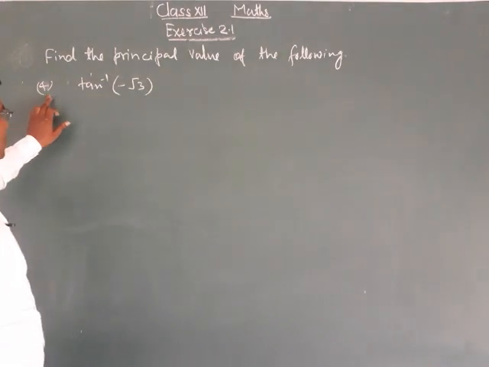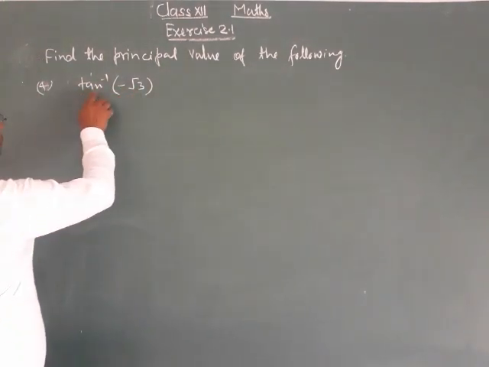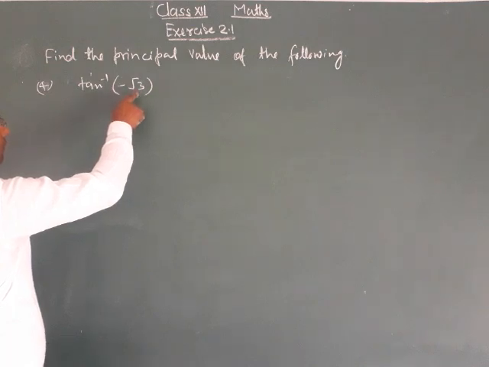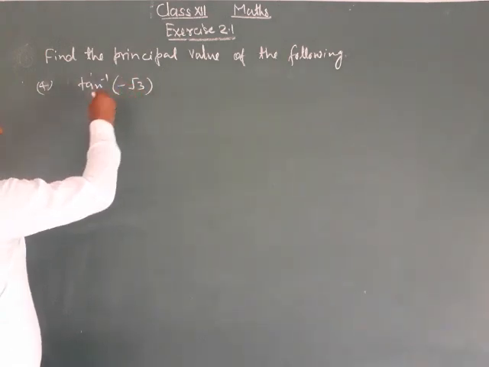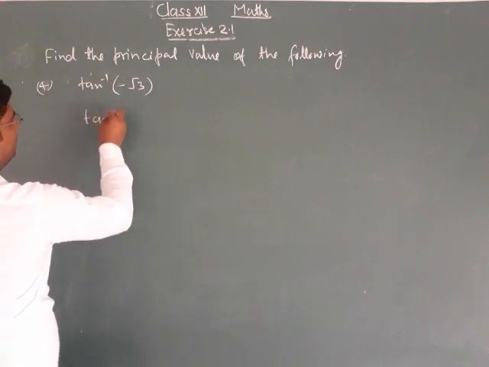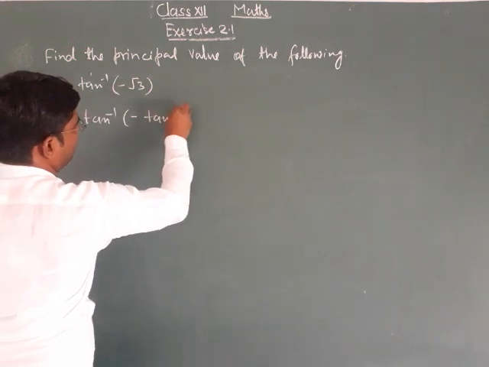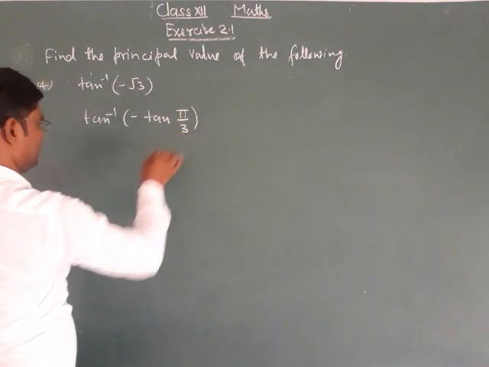Question number 4: tan inverse of minus root 3. The value of tan 60 is root 3, and changing into radian, we get tan inverse of minus tan pi by 3.